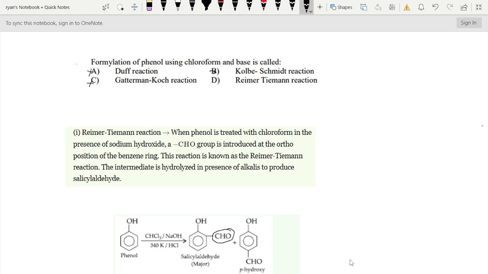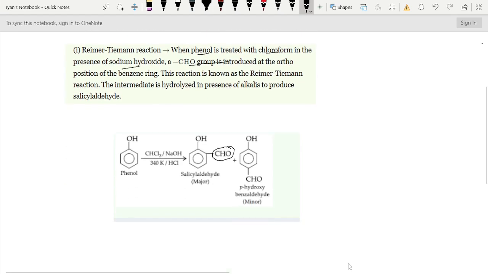According to this reaction, phenol is treated with chloroform in the presence of sodium hydroxide, and the CHO group is introduced into the ortho position. Here phenol is treated with chloroform in the presence of NaOH to form salicylaldehyde, that is the major product.